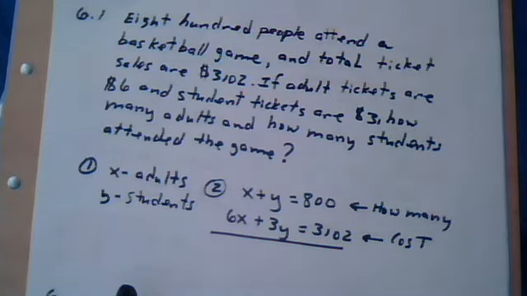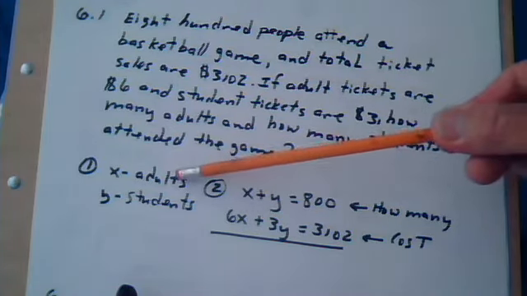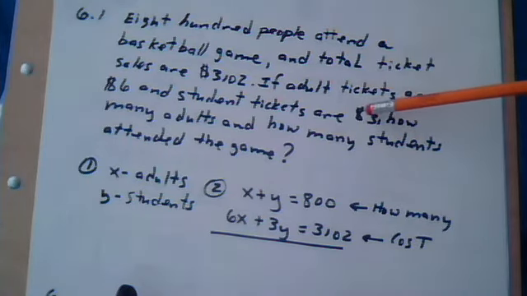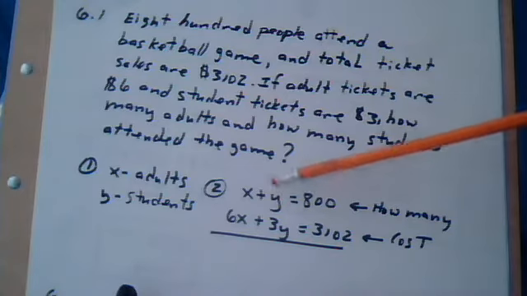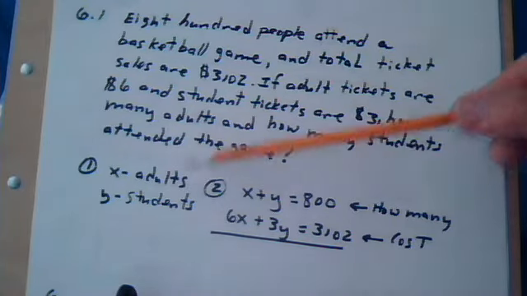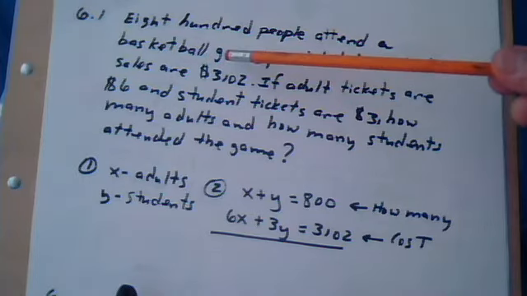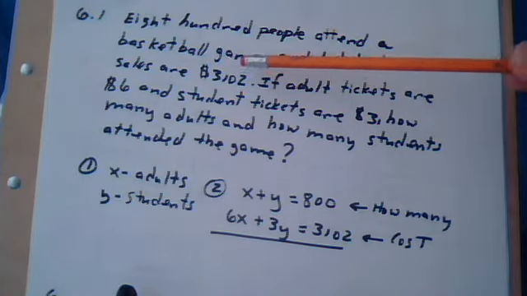Then write another equation that takes into account the money that's involved. It says that adult tickets are $6, so the x, which represents the adults, gets the 6. And student tickets are $3, so the y, which represents the students, gets the 3. And it also says the total sales is 3,102.